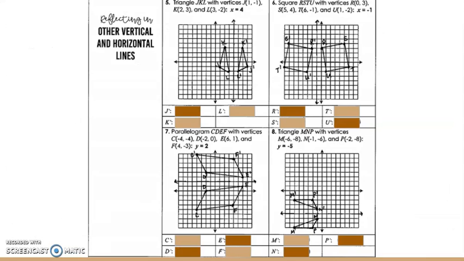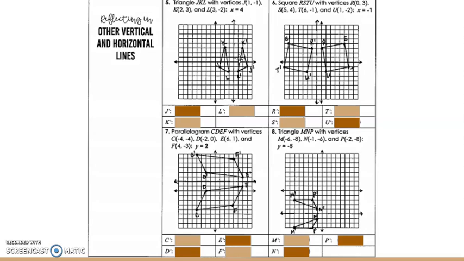The next point that we're going to look at is reflecting over any other vertical or horizontal line. So remember, when we have x equals a number, that is our vertical line, and when we have y equals a number, that is our horizontal line. With number 5, they told us that x equals 4, so that is the line that we're going to reflect over.